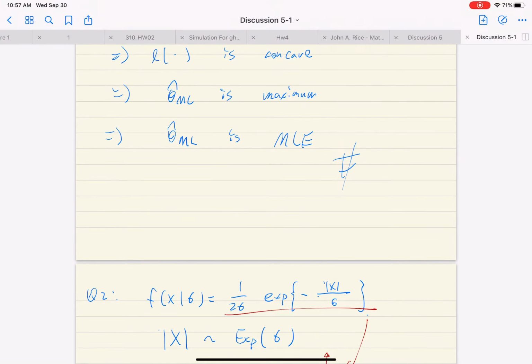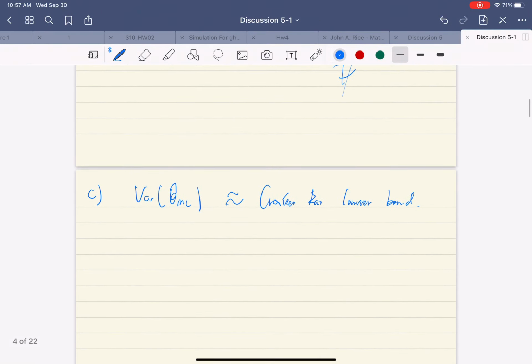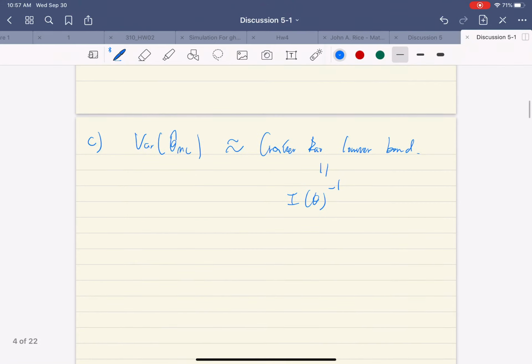And the next part is we want to find the asymptotic variance of the MLE. This can be approximated by the Cramér-Rao lower bound, which is equal to the inverse of the Fisher information. So we have to find this first.